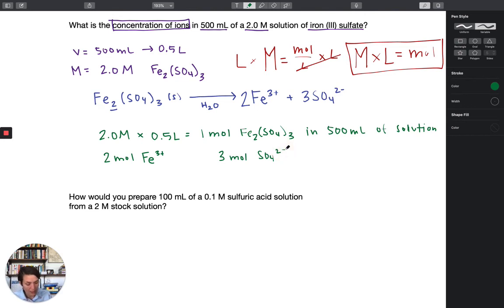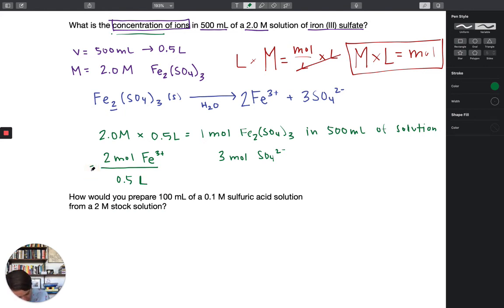So if I want to know the concentration, that's going to be in molarity. So 2 moles of iron divided by my 0.5 liters. 2 divided by 0.5 is the same as multiplying by 2, so 2 divided by 0.5 is 4.